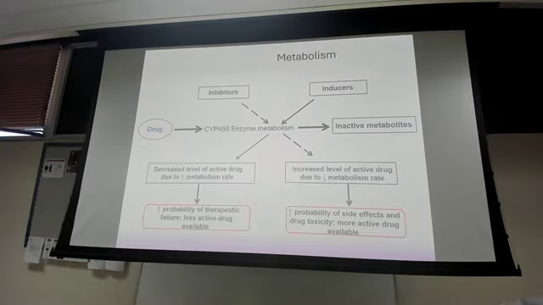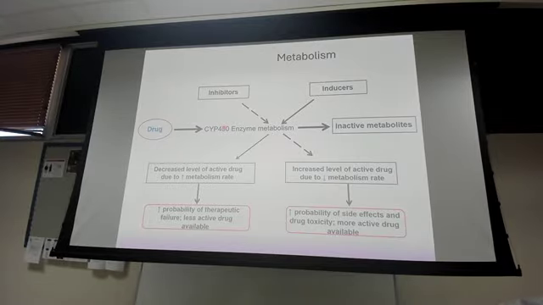All right, this is a very important slide for you to remember. So, if I have a drug, let's see if our mouse wants to work now. Okay, I have a drug. My drug is also called a substrate. I have my drug, I have distributed it to where I need it to go, and now I need it to be metabolized.